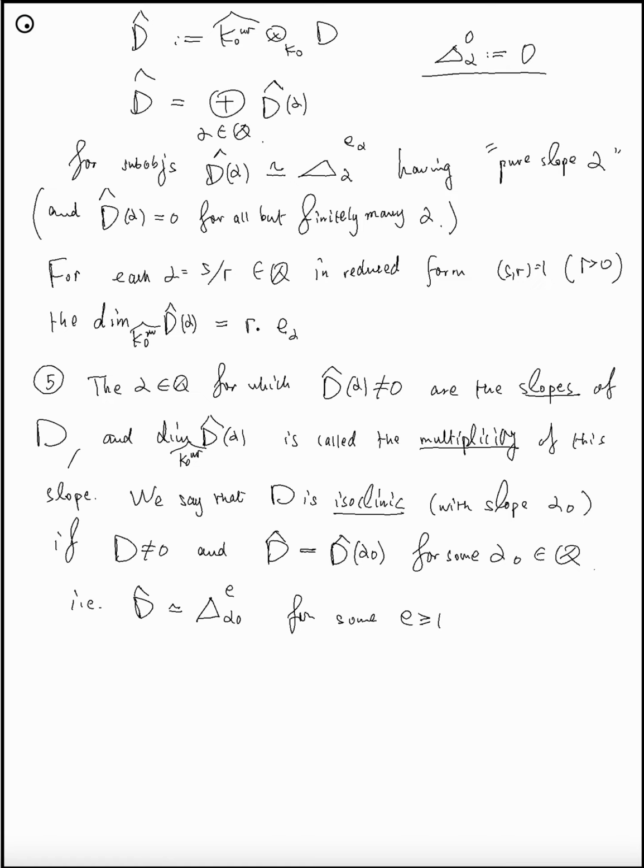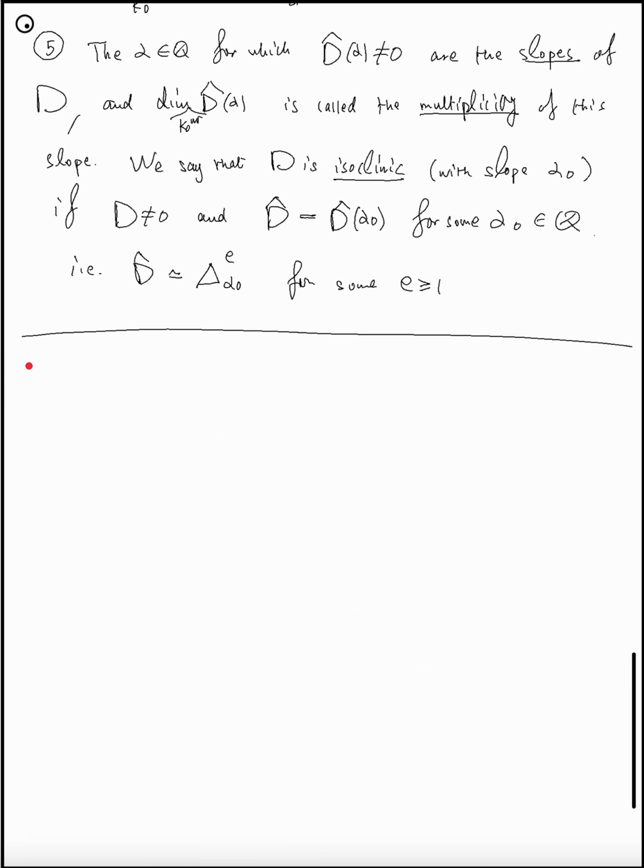Which means there are only finitely many E alpha non-zero. This forces this decomposition to be a finite direct sum. Okay, that's the finished part of the recall.